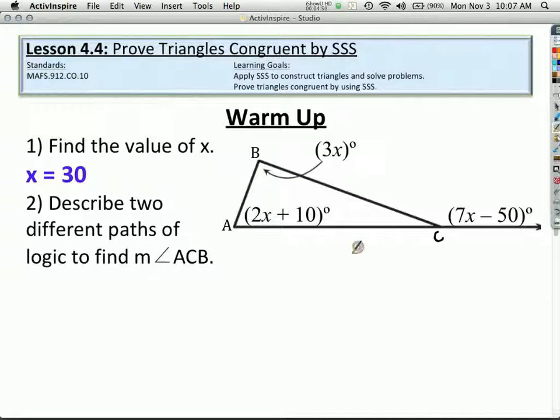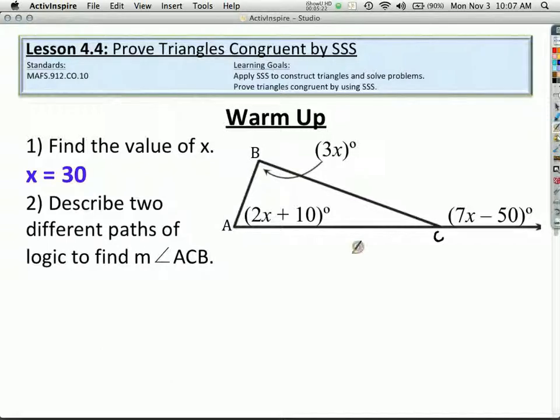Number 15, what did you come up with? Exterior angle theorem tells us what? I did 2x plus 10 plus 3x equals 7x minus 50. And that gets you what? Wait, the answer?